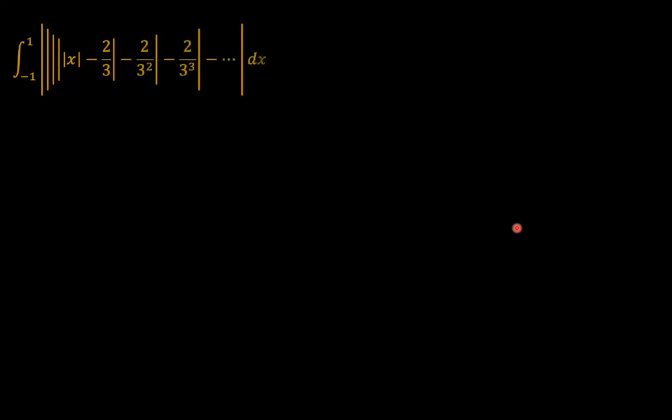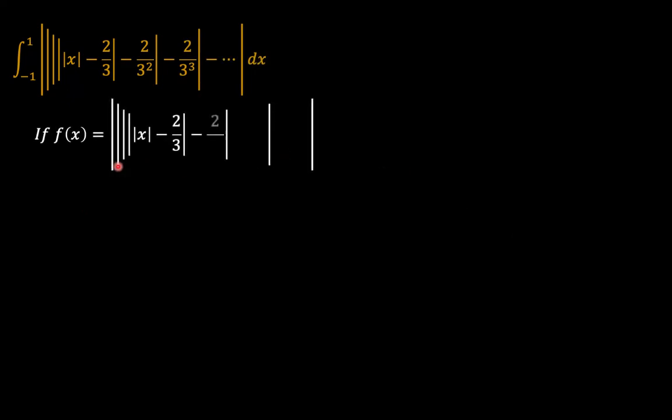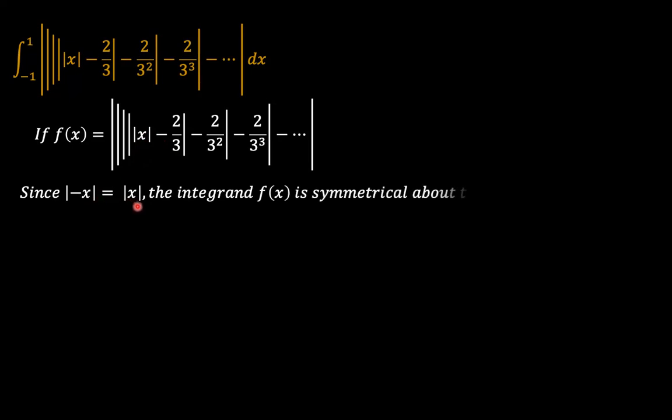So going on to the solution of this problem, a few things that we should note is that if we consider the integrand to be f(x), and then we look at the core of this expression, that's the absolute value of x. Since the absolute value of negative x equals the absolute value of x, we can say that the integrand f(x) is symmetrical about the y-axis.